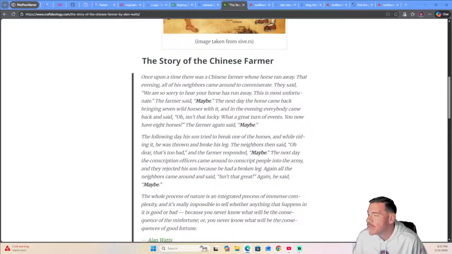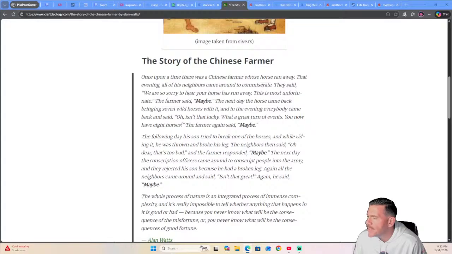The next day, the horse came back, bringing 7 wild horses with it. And in the evening, everybody came back and said, "Oh, isn't that lucky? What a great turn of events. You now have 8 horses." The farmer again said, "Maybe yes, maybe no." The following day, his son tried to break one of the horses.